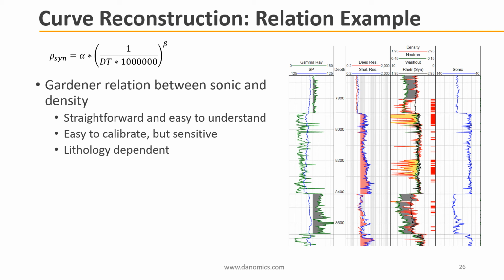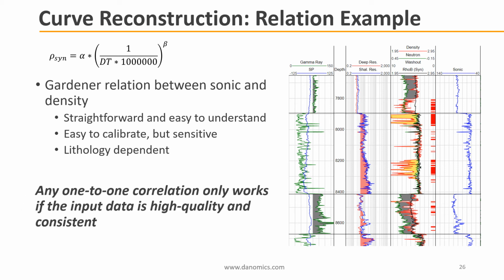So here in this example, the black curve represents the Gardner relationship, and you can see that although it would work exceptionally well in the Halston chalk, we do have some questions about it in our shale intervals, and we need to pay careful attention to the calibration there to feel comfortable with it. And really, this type of one-to-one correlation only works if you have high quality data and it's quite consistent across an area.